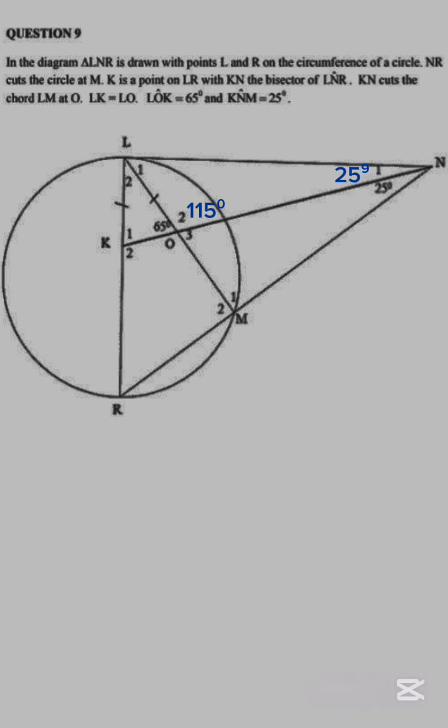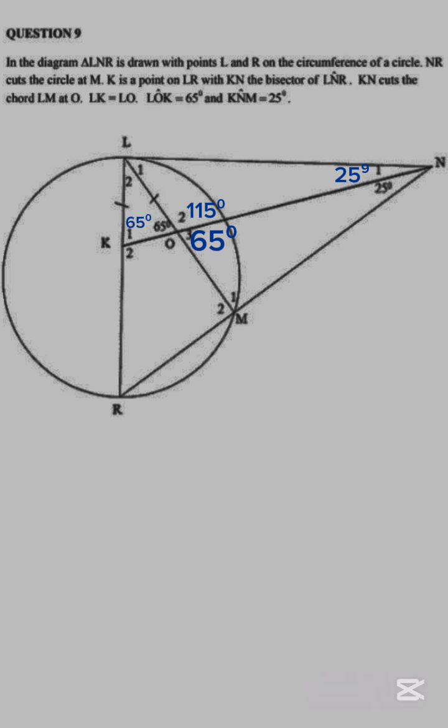On triangle LKO, we are given that LK is equal to LO. So angle K1 is equal to angle LOK, reason: angles opposite equal sides. K1 is equal to 65 degrees.